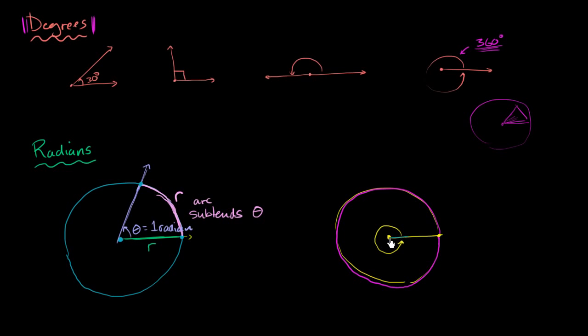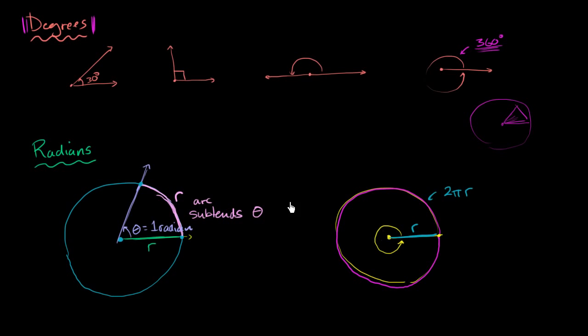If the radius is length r, what's the circumference of the circle in terms of r? Well, we know that. That's going to be 2 pi r. So going back to this angle, what's the length of the arc that subtends this angle in radiuses? Well, it's 2 pi radiuses. It's 2 pi times r.